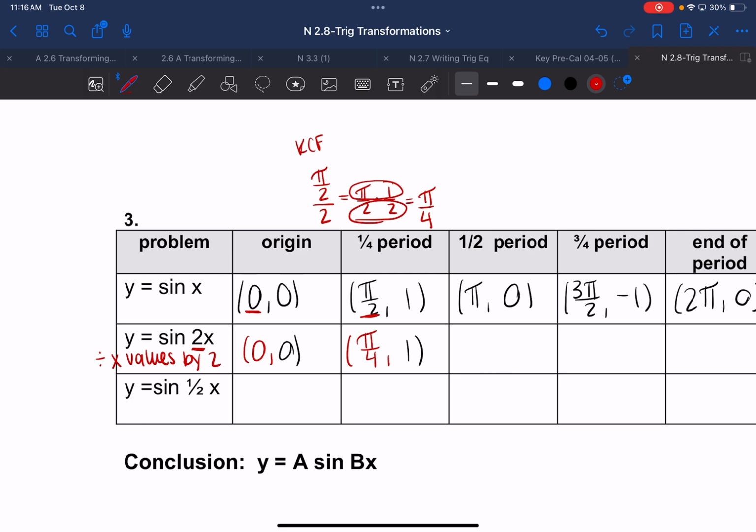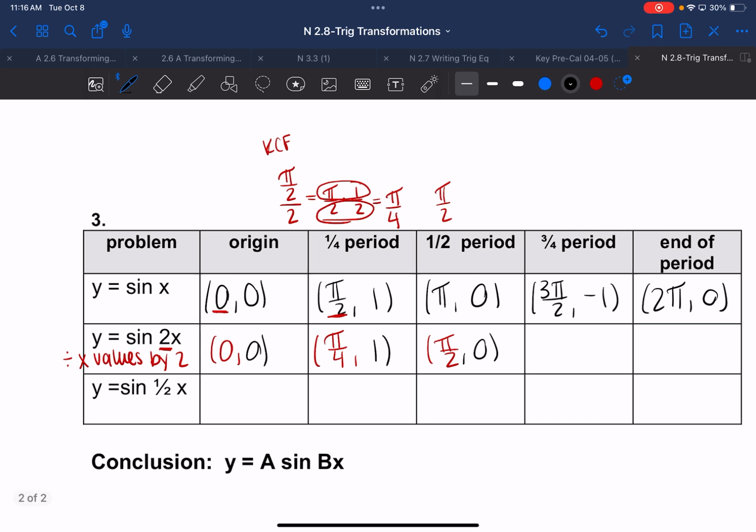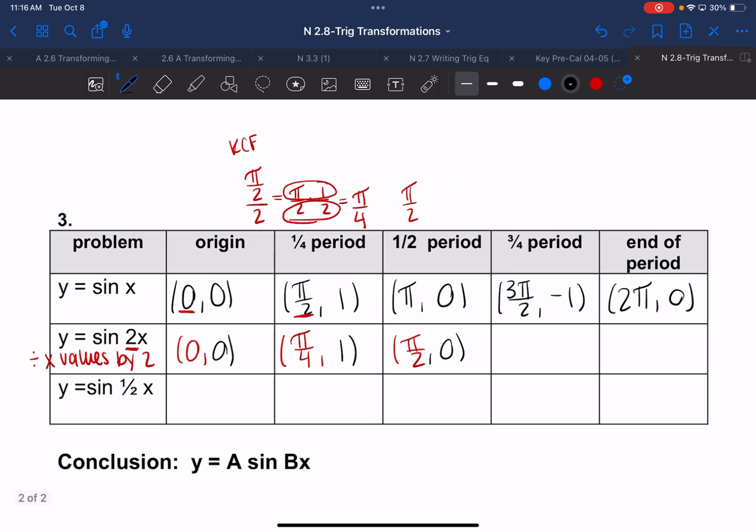Okay? Then for pi, I'm supposed to divide pi by 2. So pi over 2. Nothing to simplify there, right? So it would just be pi over 2. And again, the y value doesn't change, so it stays 0. Okay? For this next one, we're going to have 3 pi halves divided by 2. So that's, again, another fraction in a fraction, right? So what am I going to do? Multiply. So I'm going to have 3 pi halves times what? 1/2.